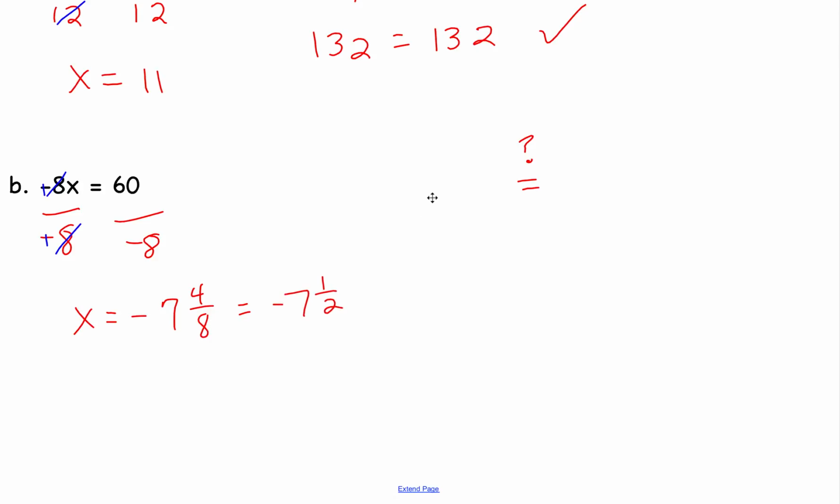And then we can go ahead and check our work, plug that back into our original equation. Negative 8 multiplied by negative 7.5. I wrote negative 7.5 back as 60 over negative 8, and the 8's will cancel, and we get positive 60. So that one checks as well.